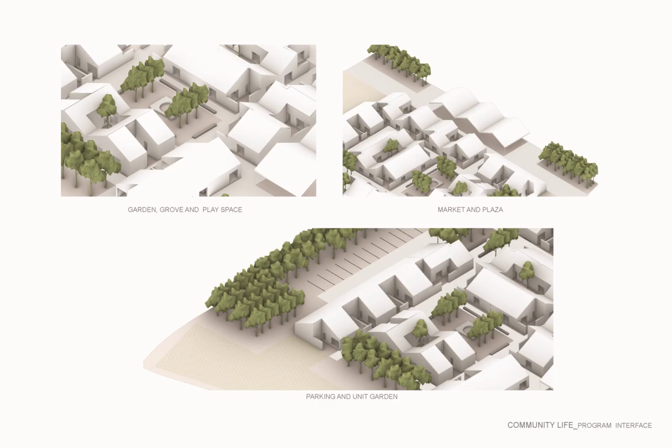To the right, the market area offers space for local markets and community gatherings. And the bottom right corner of the image shows the parking lot areas bordered by trees and green spaces, ensuring that even functional areas contribute to the overall green environment and aesthetic of the community.